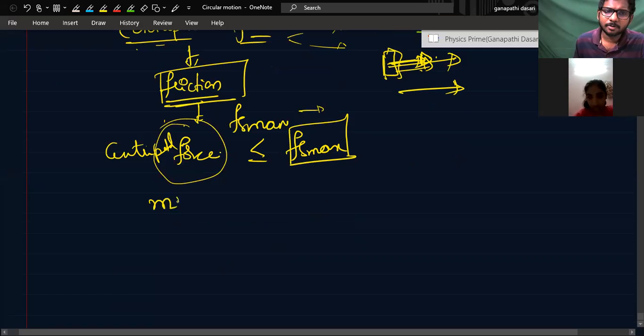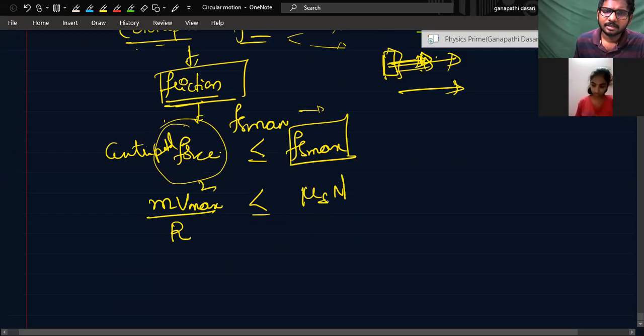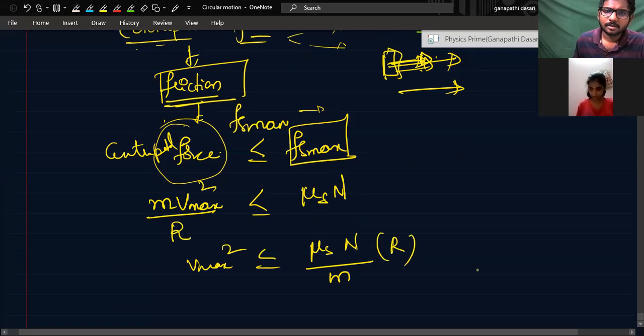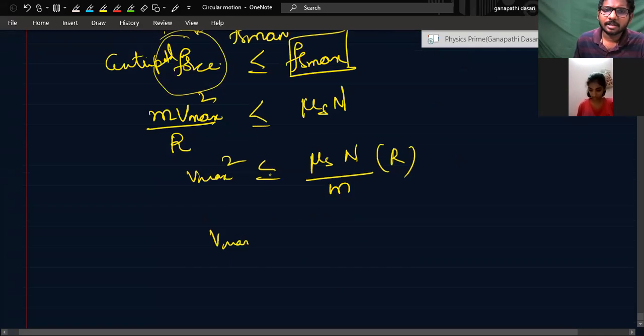That means m V max square by R is less than or equal to Fs max, which is mu s into N. That means V max square is less than or equal to mu s N by m into R. So V max square, safe speed, we can take as equal to that. Whatever speed we are going, it should be less than that speed.